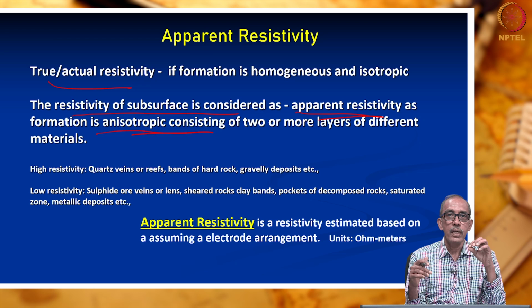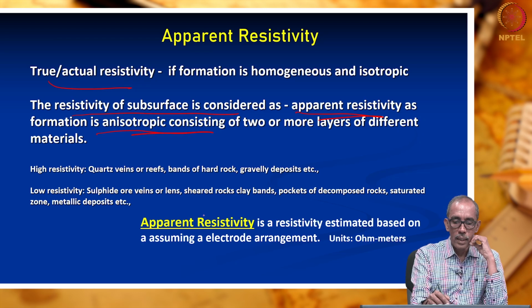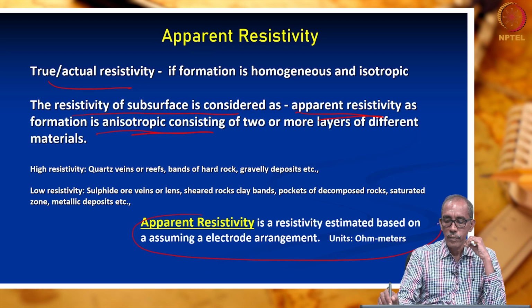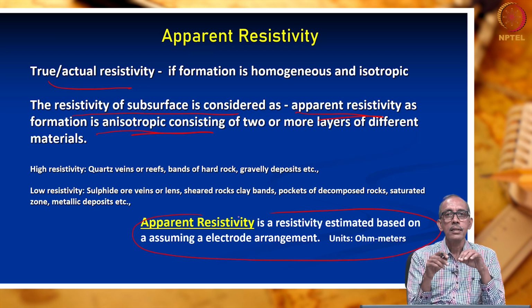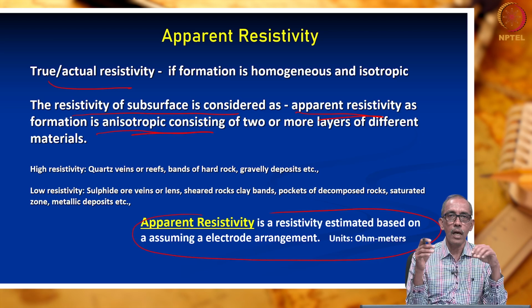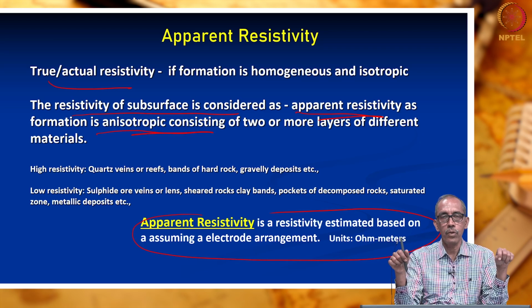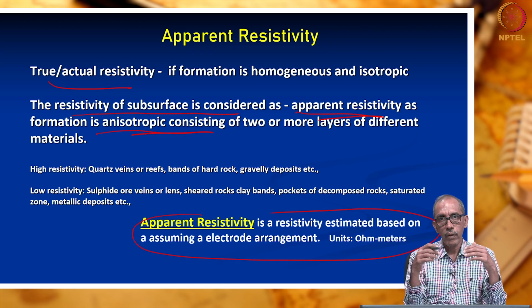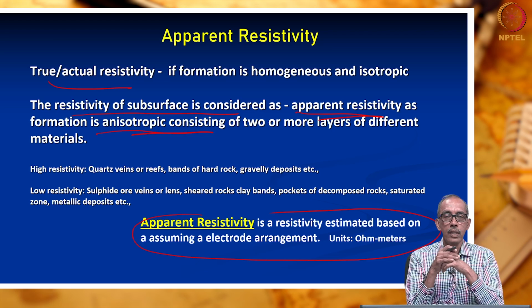What we measure is only apparent resistivity. So apparent resistivity is estimated based on the way in which we make the measurement on the surface. That means how we arrange our electrodes to make the measurement. We will understand it in much more detail during the progress of this lecture.